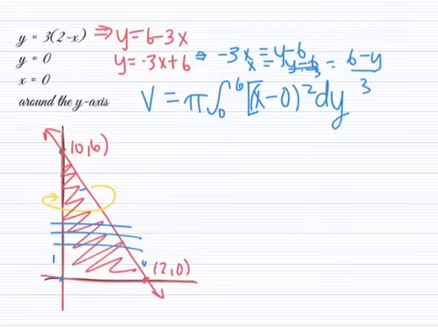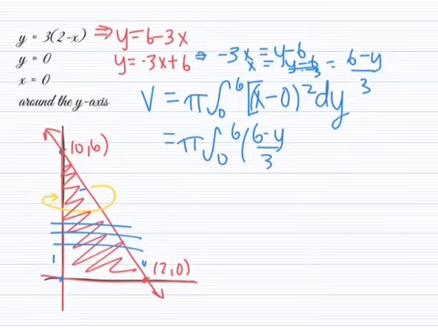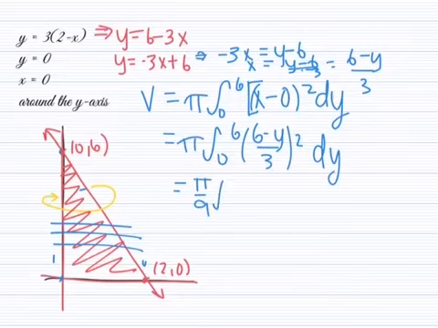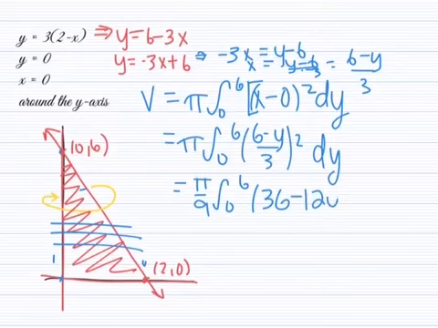So now that you have that value, you substitute that in for the x so that you get everything in terms of y. So that's pi times the integral from 0 to 6 of (6 minus y over 3) squared dy. So now you have everything in terms of that. You can take out the constant term, pi over 9 times the integral from 0 to 6 of, expand that, 36 minus 12y plus y squared dy.